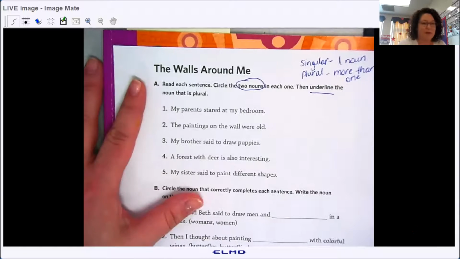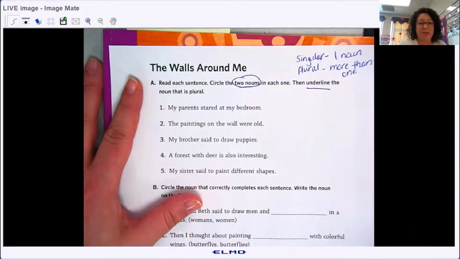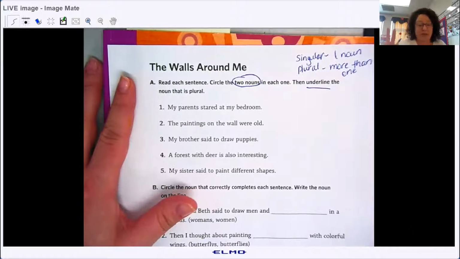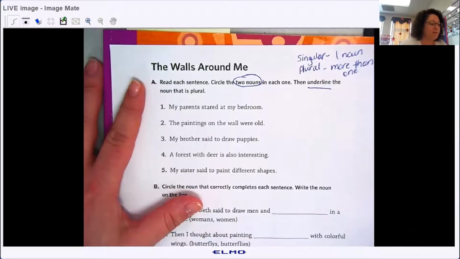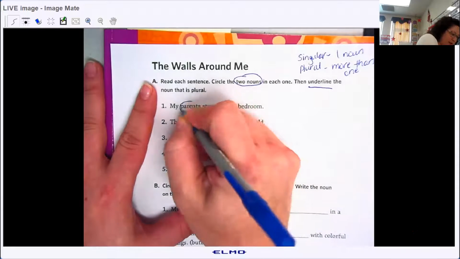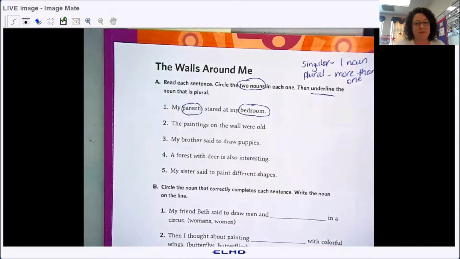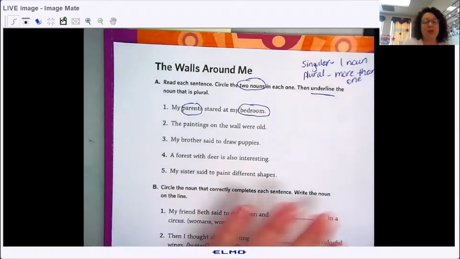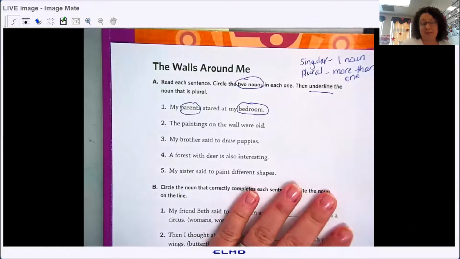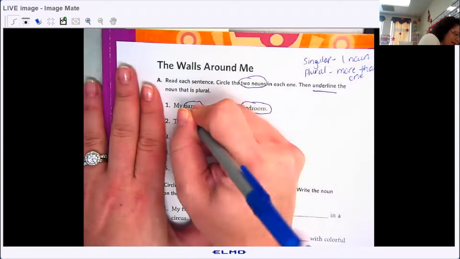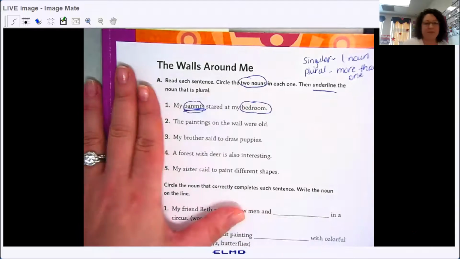Number one, my parents stared at my bedroom. So we need to find two nouns. Parents, so we're circling them, and bedroom, a person and a thing. Which one is plural? Which one is more than one? Underline it now. Yeah, parents, because it has an S. So then I would underline that.